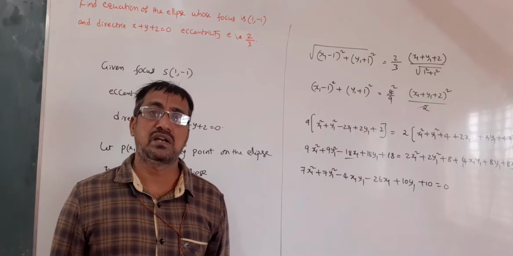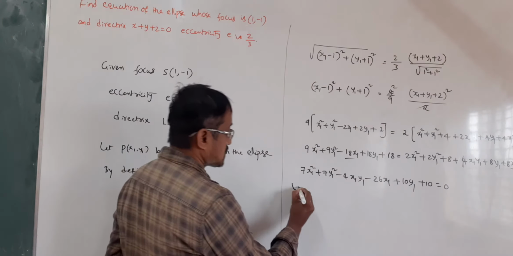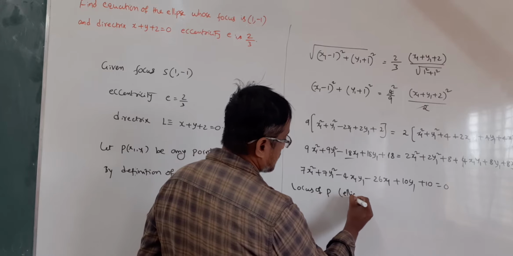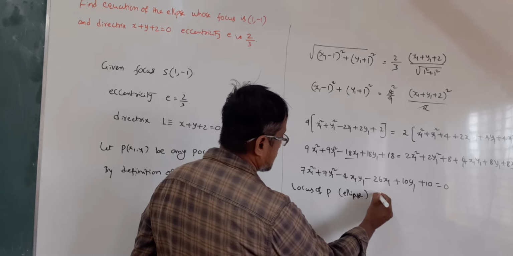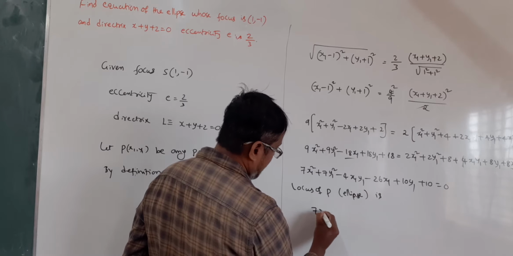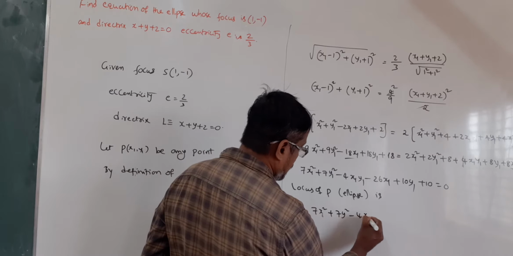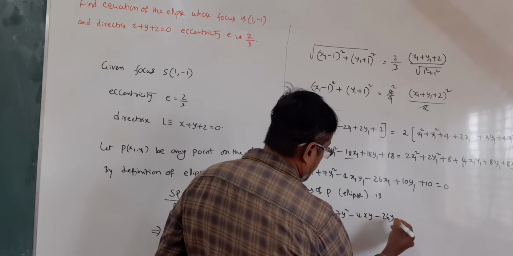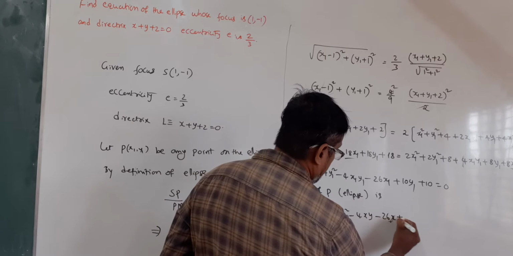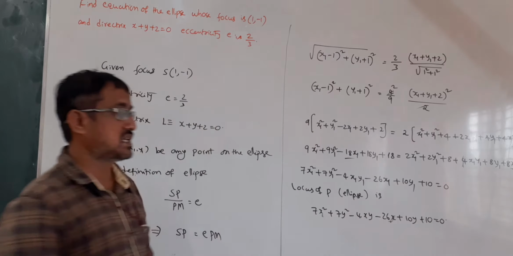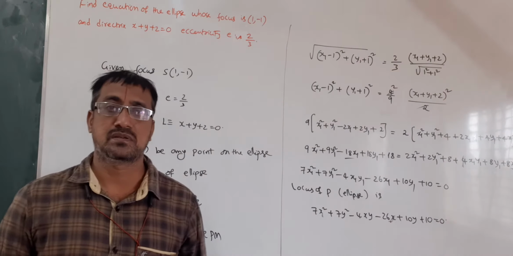This is the required equation. So locus of P, that is equation of ellipse, is 7x square plus 7y square minus 4xy minus 26x plus 10y plus 10 equal to 0, which is the required ellipse.